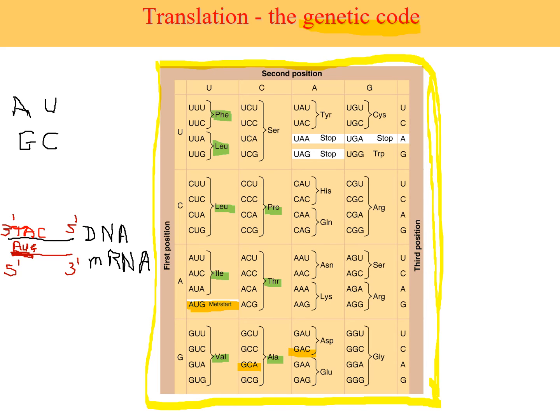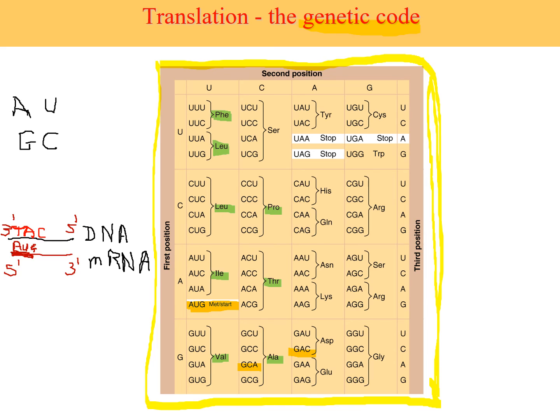And I could ask you, if the messenger RNA has this following sequence, what is the protein sequence? Or I could ask you, if the DNA has a particular sequence, 3' to 5', then the messenger RNA has what sequence, 5' to 3', and what amino acids would that code for? The way this table is set up is that the first position nucleotides are all shown here at the left.